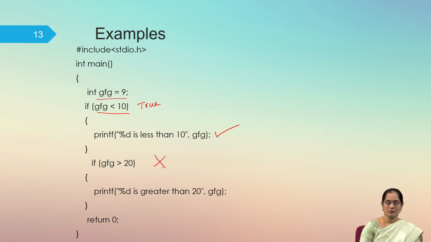If this condition is false, it will skip this statement, and after completing both if statements, it will go to the return statement. Because the condition becomes false, this statement will be skipped.